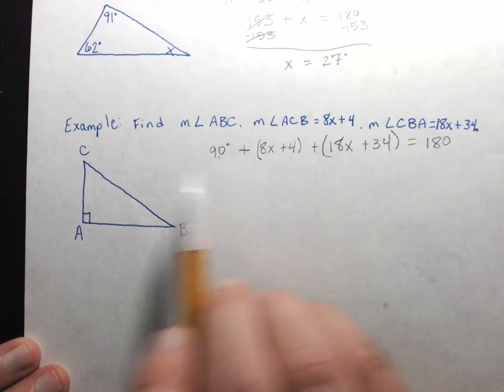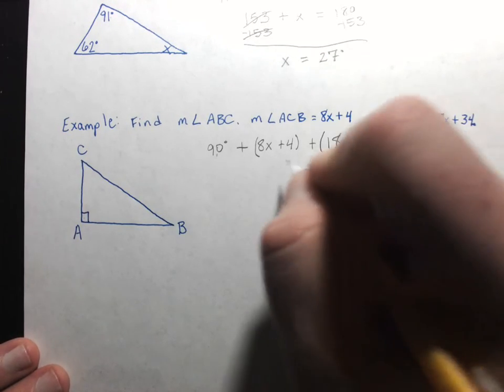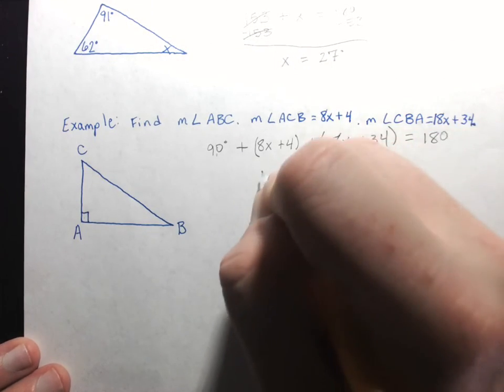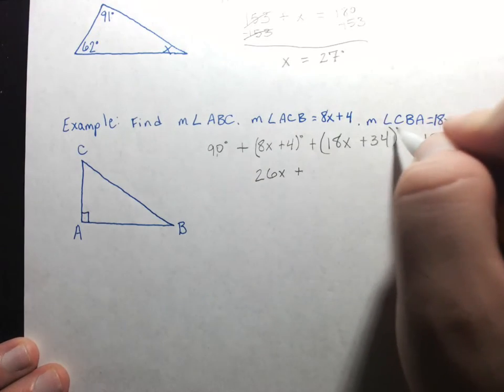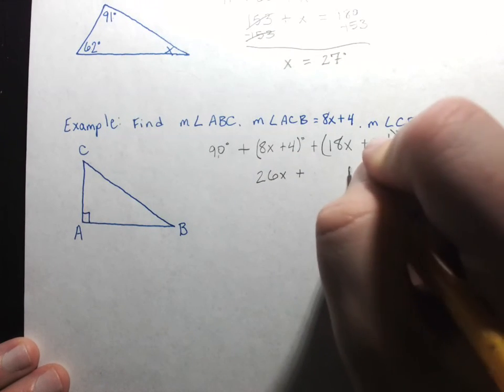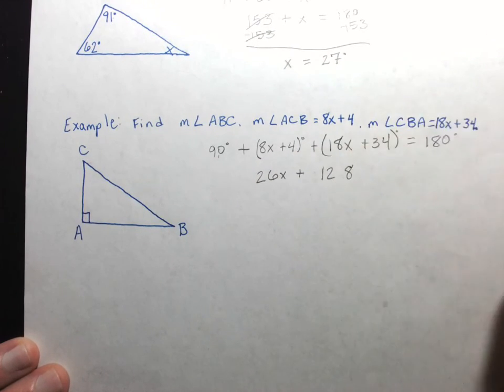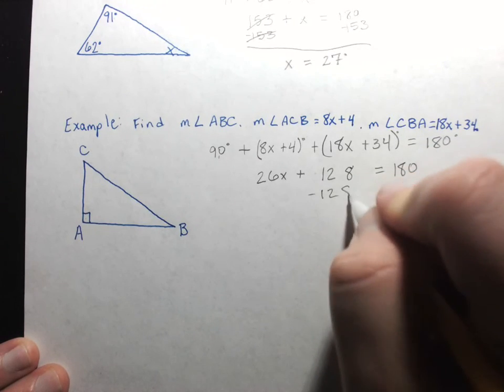Notice the 90-degree angle, angle C, and angle B. So we add these together by putting our like terms together. 8x plus 18x would give me 26x plus 94 plus 34, which is 128, equals 180. We subtract our 128.